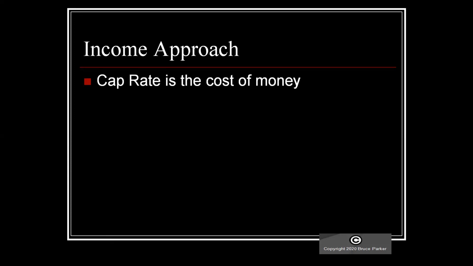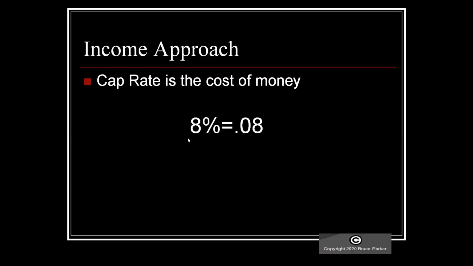But really what a cap rate is, it's the return that you would get if you paid cash for the property, in terms of income and expenses divided by what you paid for the building. Okay, so the cap rate is the cost of your money, or the rate of return you would expect if you paid cash for the building.